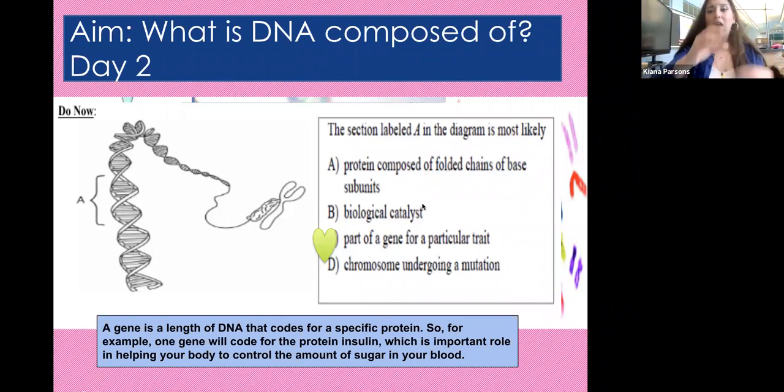And remember that any given gene could be coding for multiple different traits, or it could need many genes, or polygenic, multiple genes to control for any one trait. That can be kind of confusing, but in this case, just know that this is part of a segment of DNA, which is part of a gene for a particular trait.